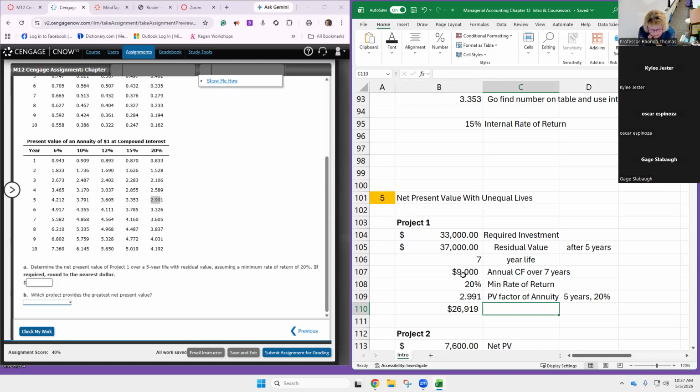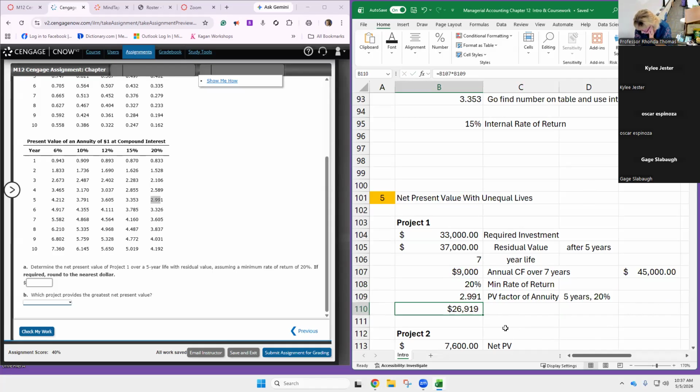What this is saying is, if you don't use the time value of money and you receive 9,000 5 times, it's 45,000. But because you receive that cash flow over 5 years into the future, this is the present value of that amount.